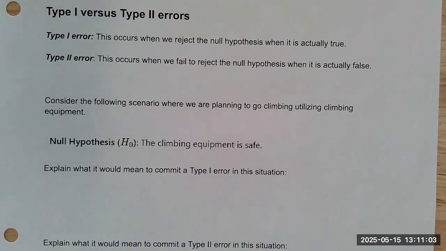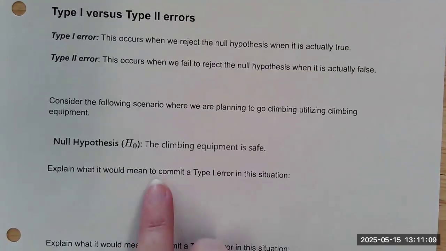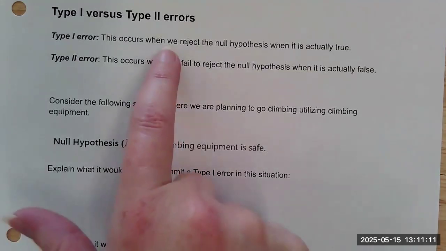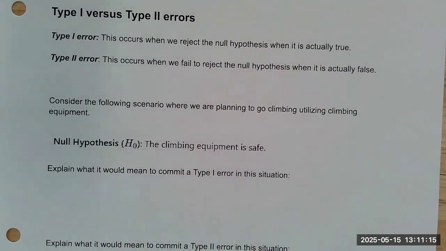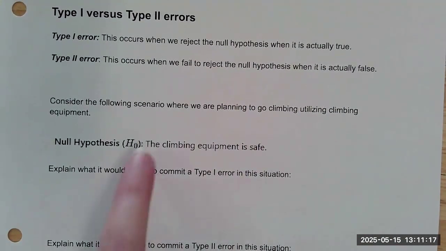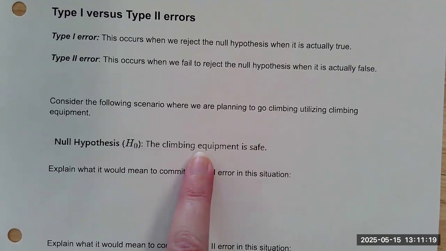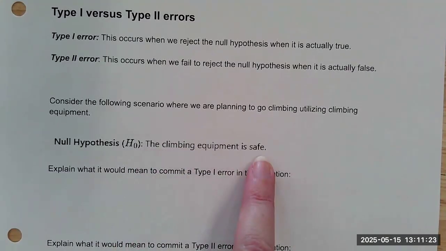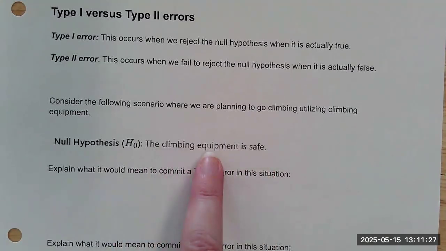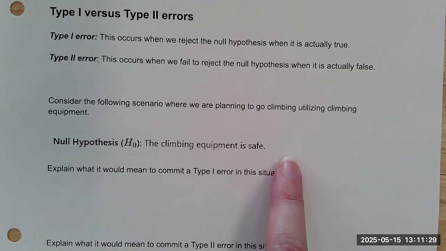Okay. What would it mean for us to commit a type 1 error in this situation? So a type 1 error, remember, is we reject the null hypothesis when it's actually true. If we rejected this, what does it mean to reject this? That it's not safe. So we'd be saying that the climbing equipment is not safe.